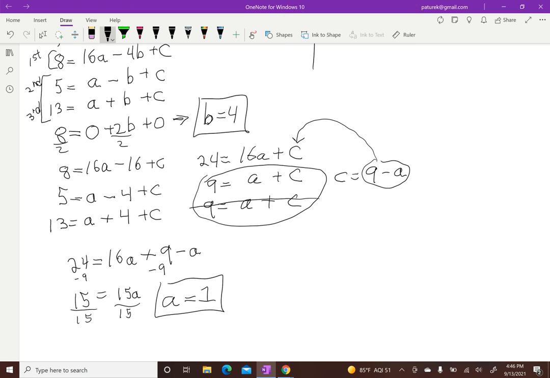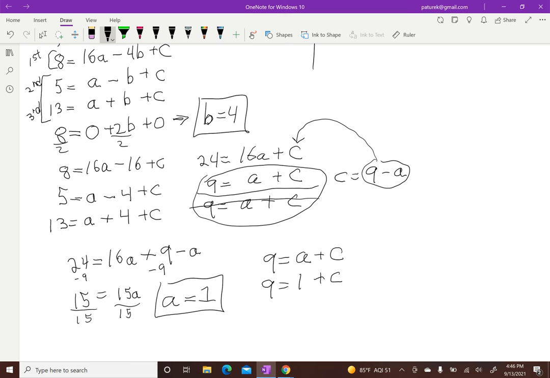The last step is to find the value of c, which will also be the y-intercept in this situation. To find the value of c, I can pick any of these equations. I will pick this small simple one here that says 9 is equal to a plus c, and plug in for a. So 9 is equal to 1 plus c.